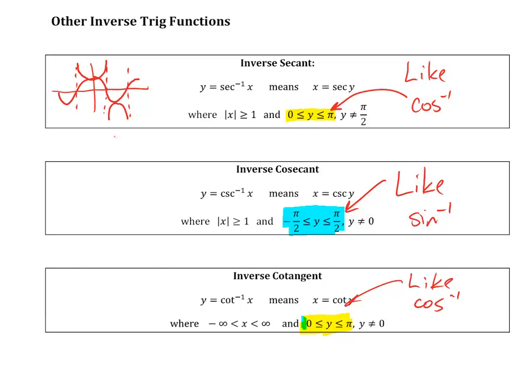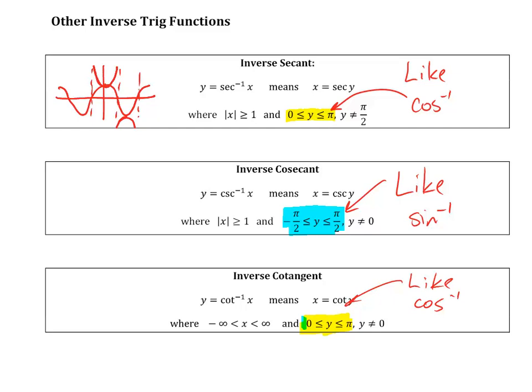I did that wrong. Try that one more time. It's 1 over cosine, so I draw the cosine function, which looks like, oh, I did that right. I need to pay closer attention to what I'm doing here. All right, so secant was this guy and this guy.